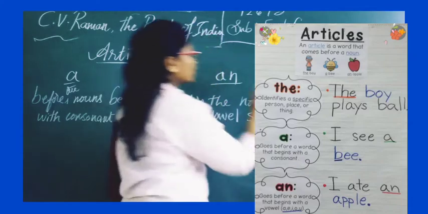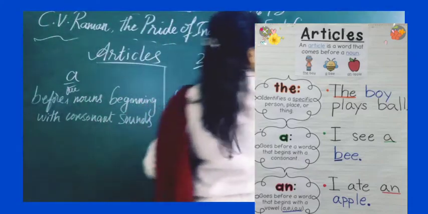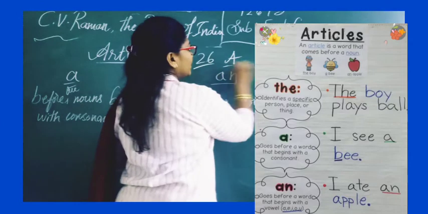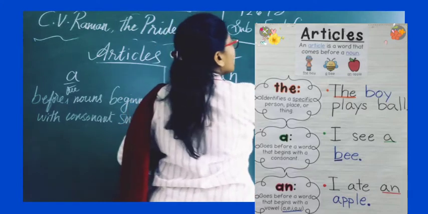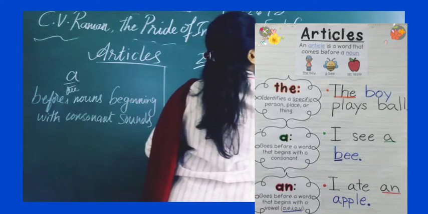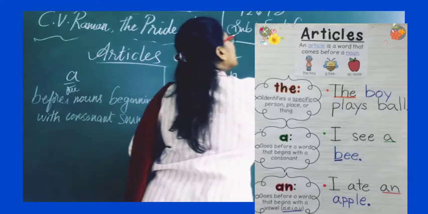All of you know that in English language we have 26 alphabet letters, A to Z. Among them, let me write all capital A, E, I, O and U. A, E, I, O, U are vowel sounds.